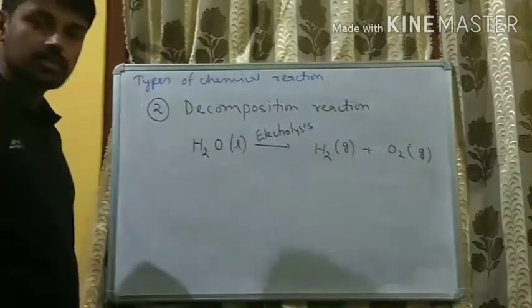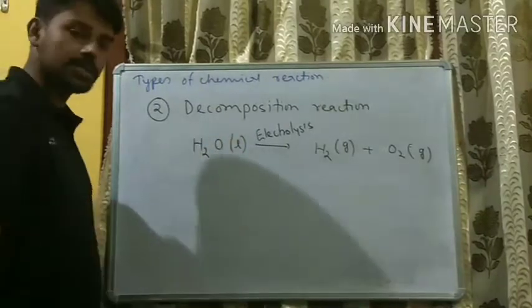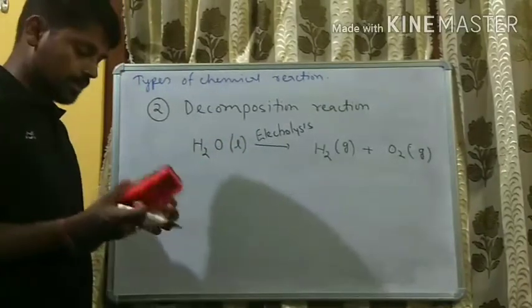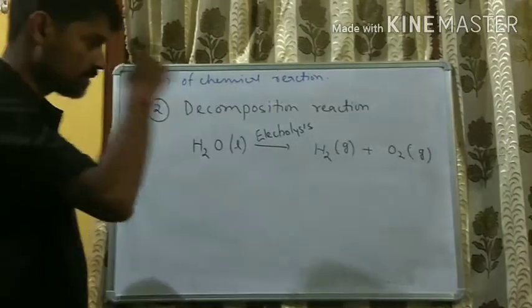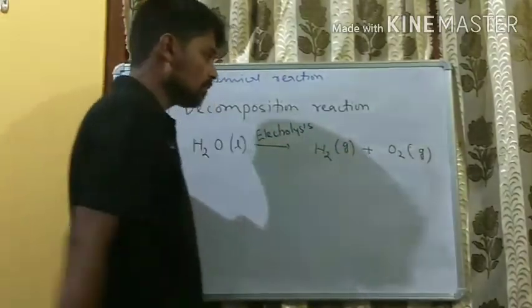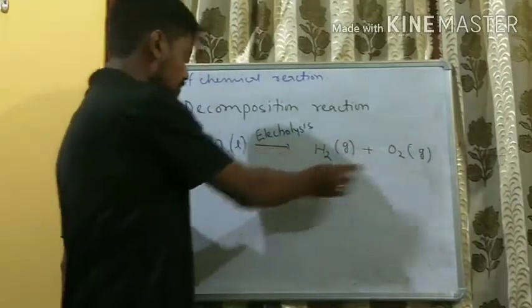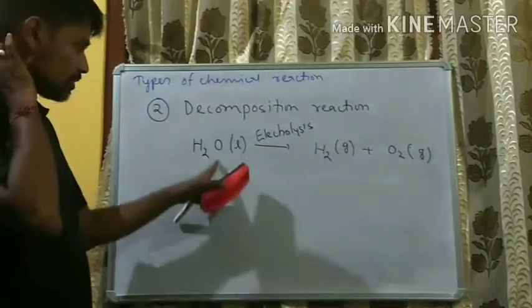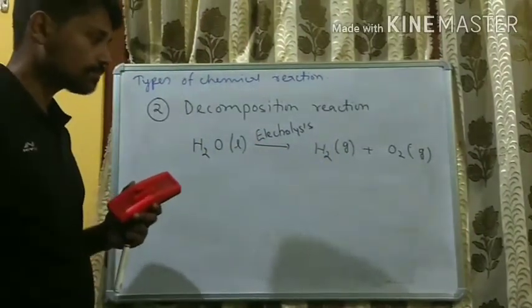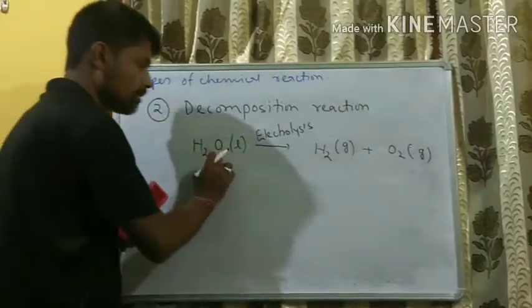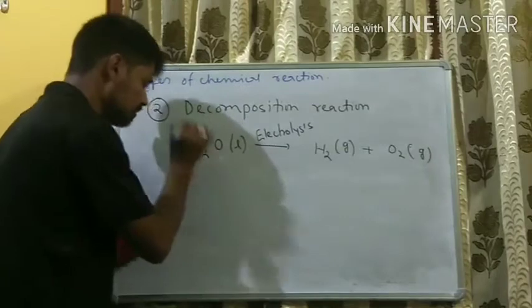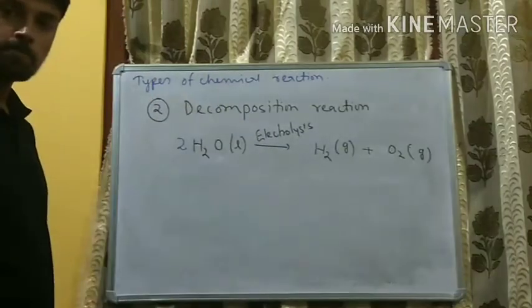This reaction is imbalanced, so we have to balance the equation. We have already discussed the balancing of equation. You can see that the number of oxygen is 2 in the product side, but in the reactant side the number of oxygen is 1. So make it 2 by adding 2.